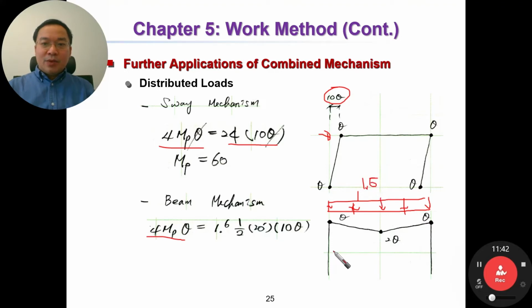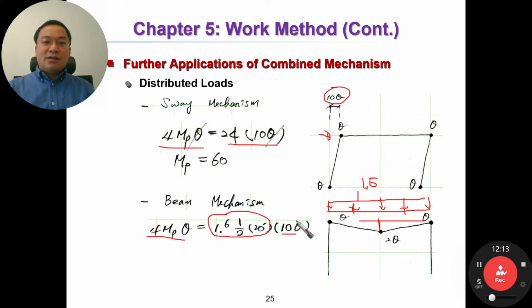Then the length is 20. So the total load equals 1.6 multiplied by 20 feet, the length, and divided by 2. This is the total load, multiplied by this distance, 10 theta.